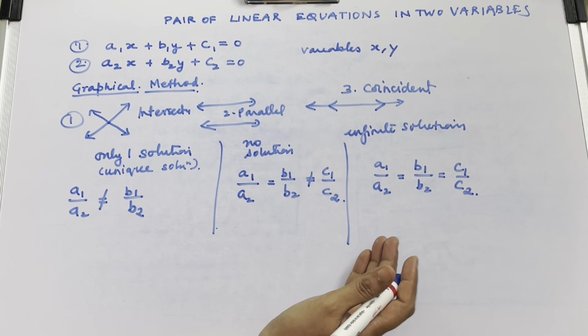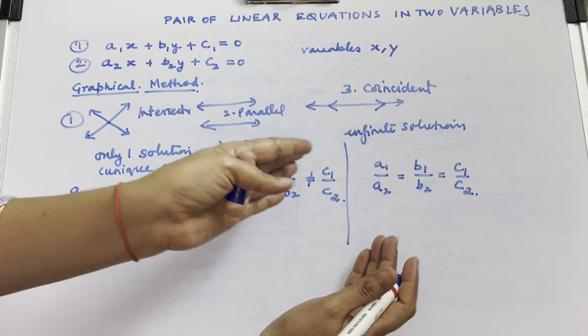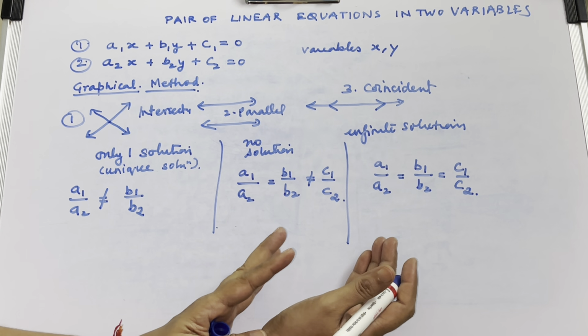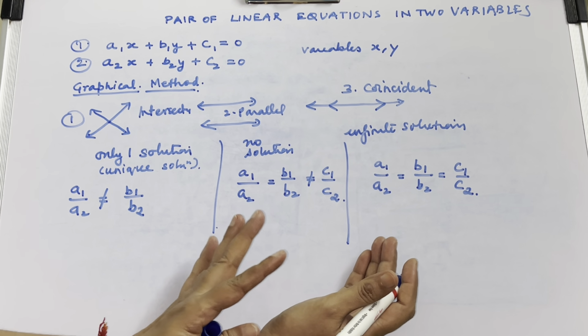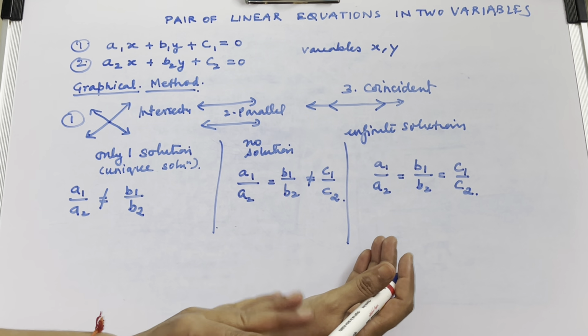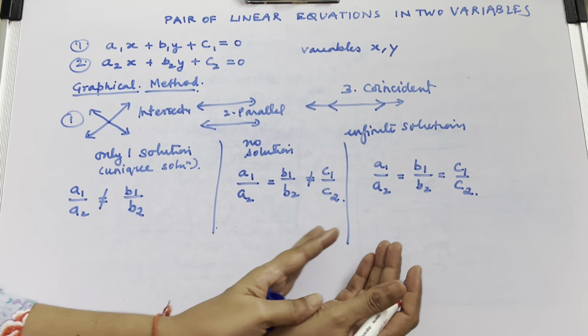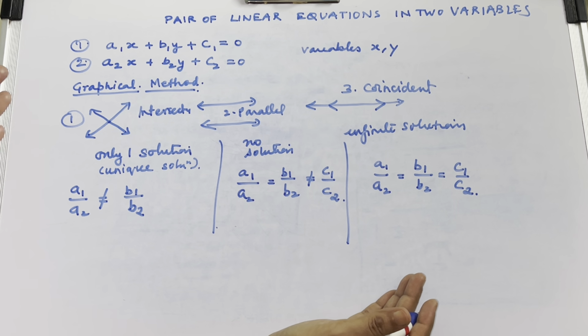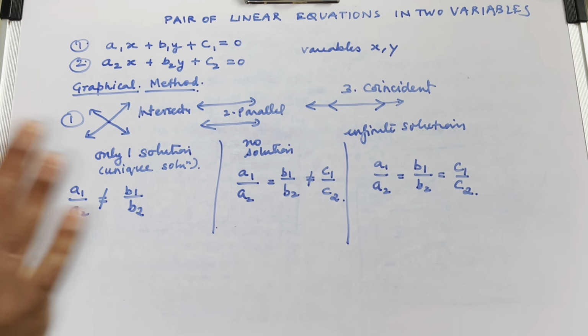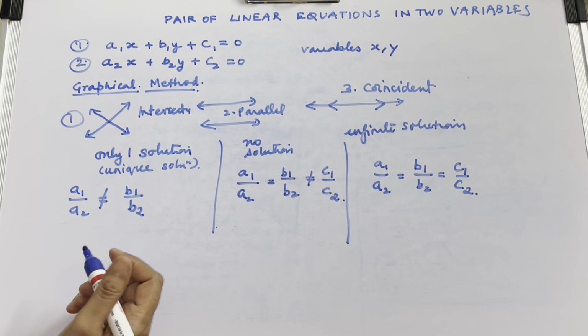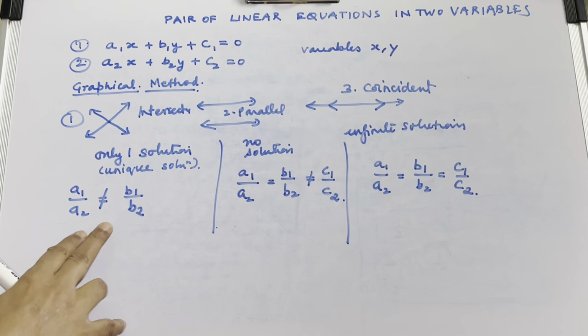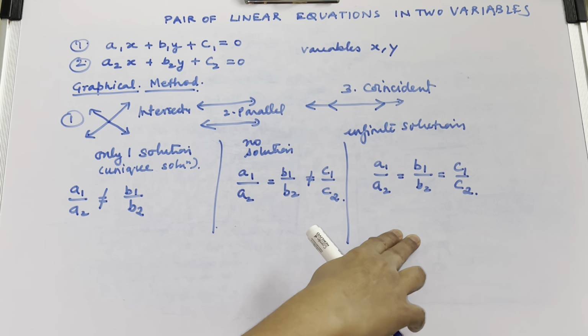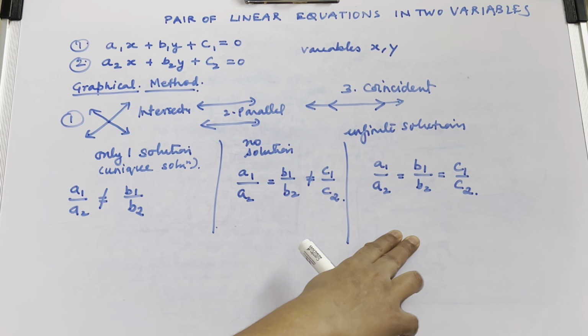If we draw the graphs and get graphs like this, we can easily tell what kind of lines these are. Also, without drawing, just by inspecting the relationship between the coefficients, we can at least tell what kind of lines they are.